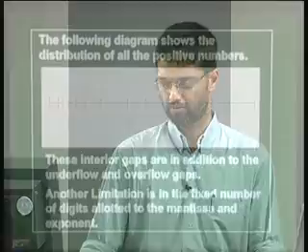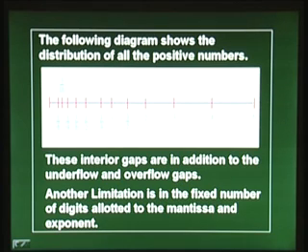You need to allot a certain number of bits for the mantissa and a certain number of bits for the exponent, and then you have to allot one bit for the sign of the mantissa, and in some cases one bit for the sign of the exponent, but normally that's not given. We will discuss the actual implementation of this in a later lecture. But for the present, we understand that there is a finite number. That's what's more important.